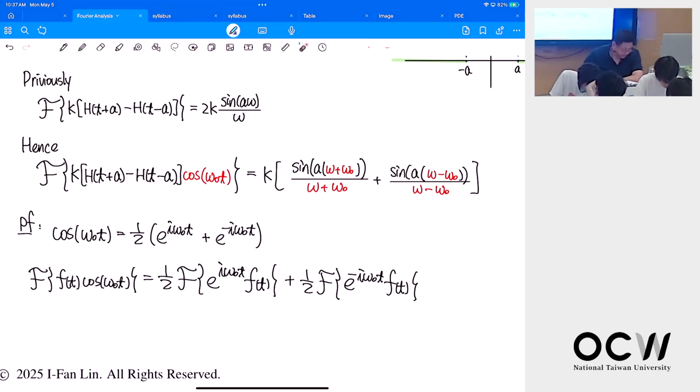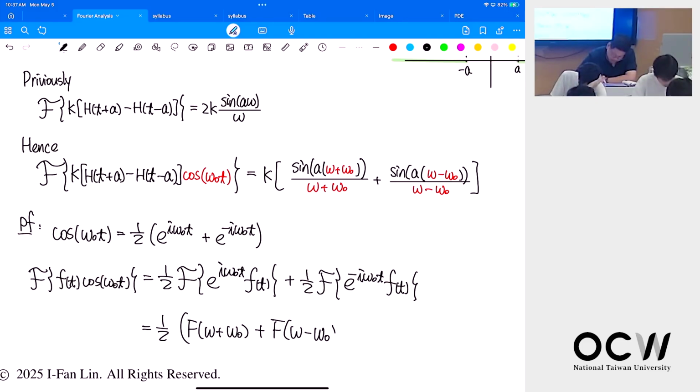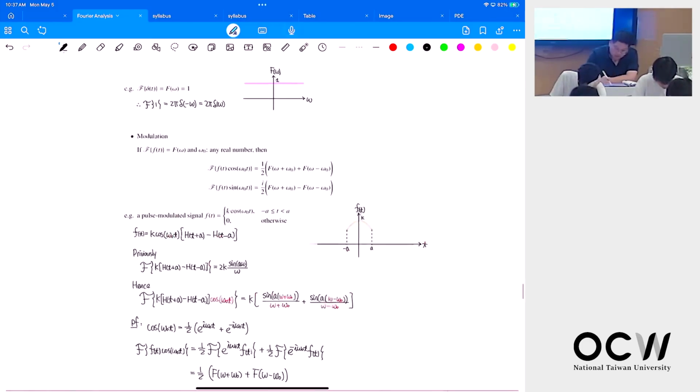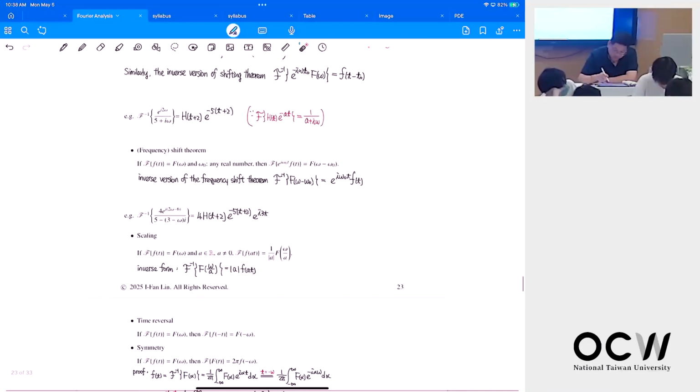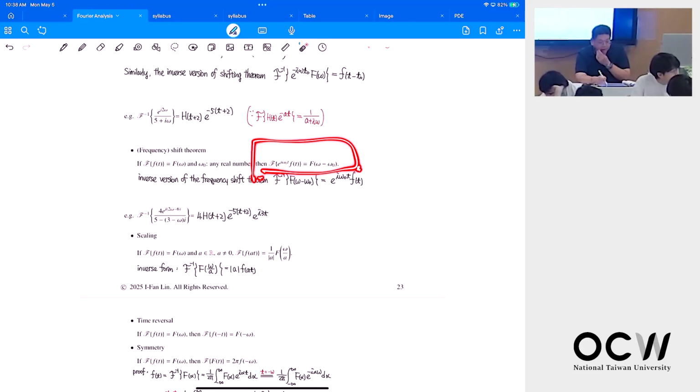Yeah, that's the frequency shift theorem. So here we have 1/2 Fourier transform to the left, and then Fourier transform to the right.